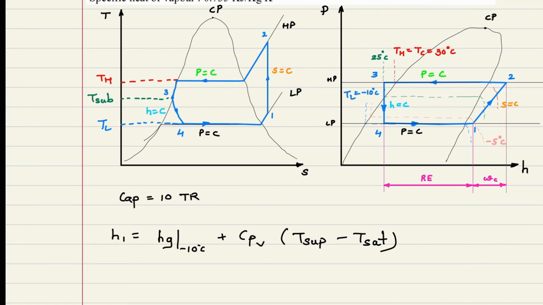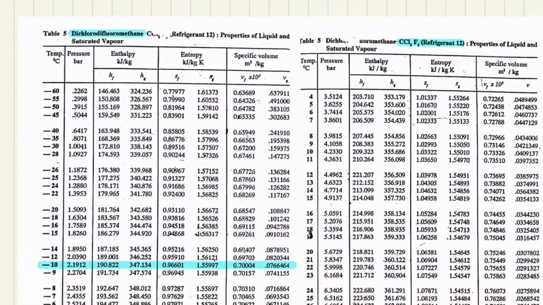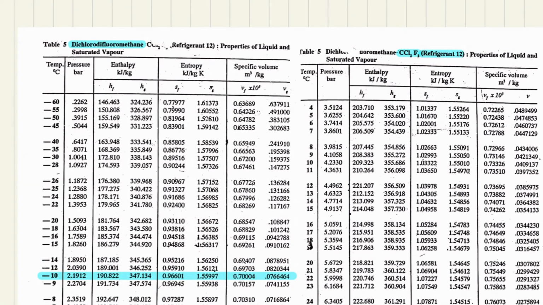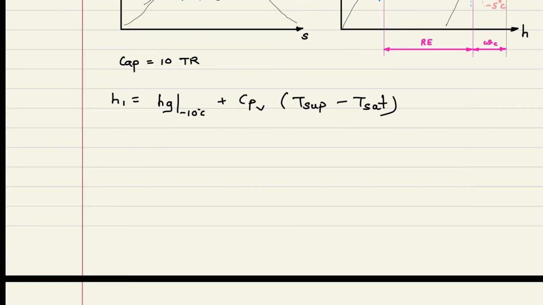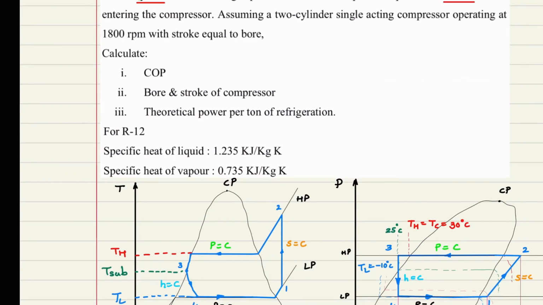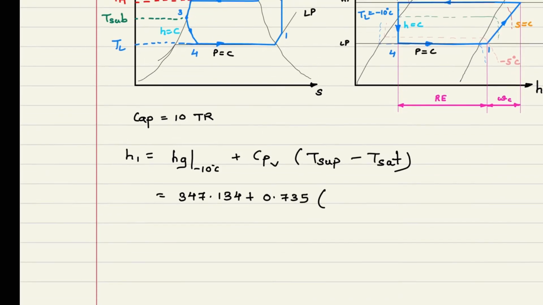Hg at -10 degrees Celsius, we will read that value. This is R12, so we will see the R12 tables. We have to see the -10 degrees Celsius Hg value. The Hg value is 347.134 kilojoule per kg. So Hg is 347.134 plus Cp of vapor, which is given in the question, 0.735 times (T sup minus Tsat).